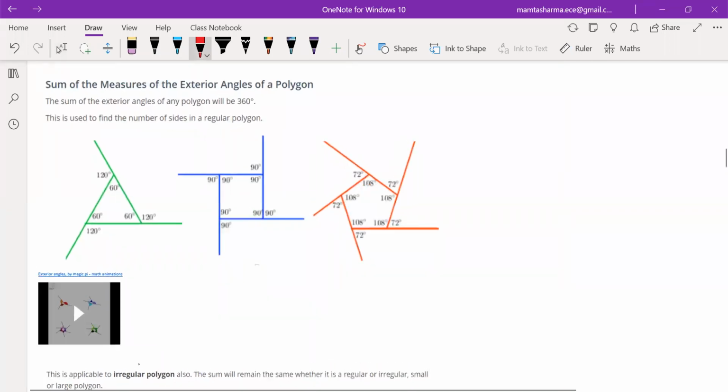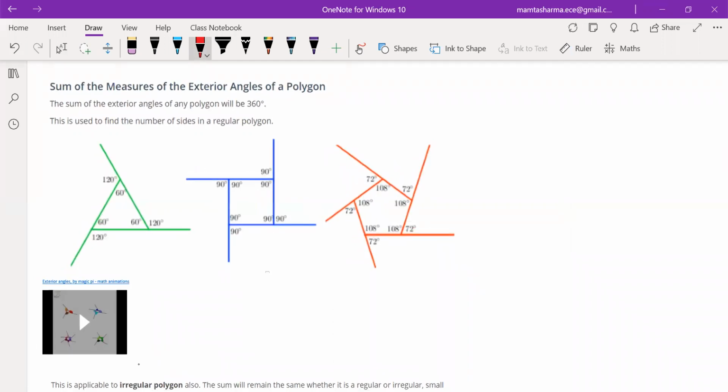See, if we extend the line segments of this triangle in all directions, this line would go like this, this line will go further like this, and this line will go like this. So now the exterior angles are these angles. These angles are called the exterior angles.